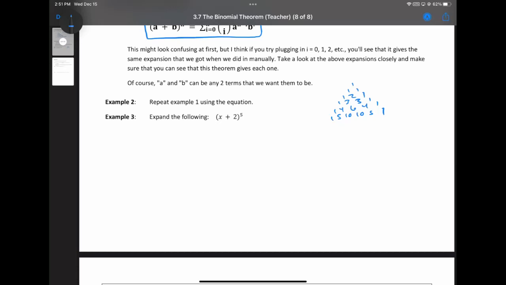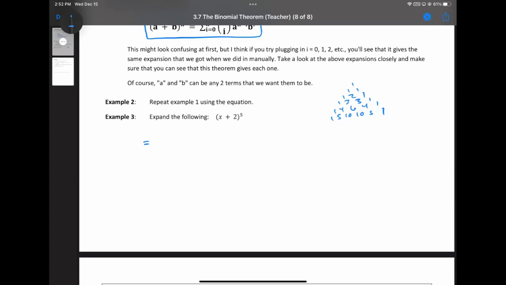So if I want to expand that out, here's how I'm going to write it, just to speed things up. Bear with me because it's not necessarily the prettiest way to write it, but it's the fastest way to think about it. Our numbers are the ones from Pascal's triangle, the 1, 5, 10, 10, 5, 1.